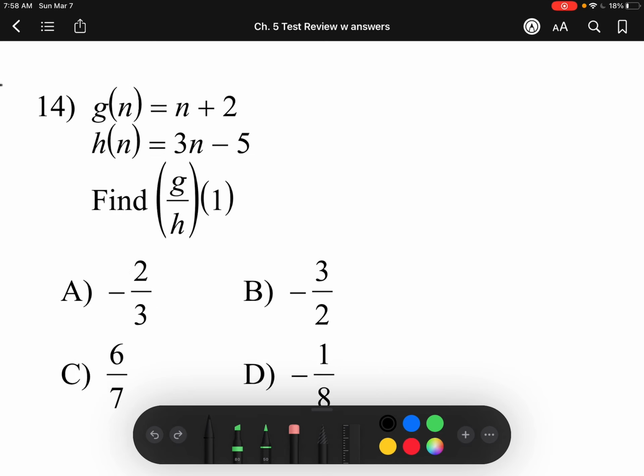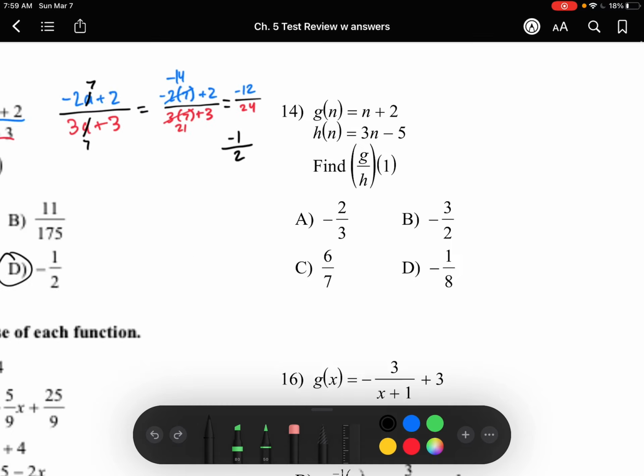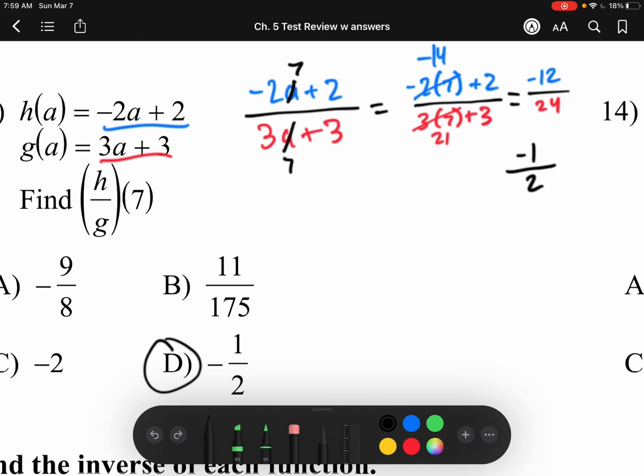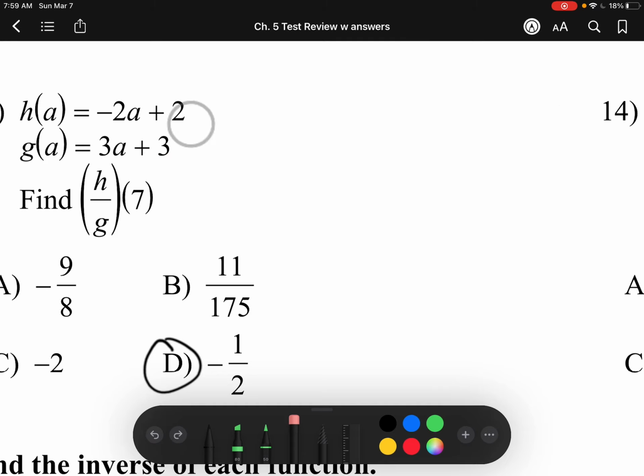All right, number 14. For number 14, we have g of n is equal to n plus 2, and h of n is equal to 3n minus 5. And it tells us to find g divided by h of 1, right? So we're plugging in 1. Oh, and I forgot to show you guys the other way. So let me show you the other way for number 13 first.